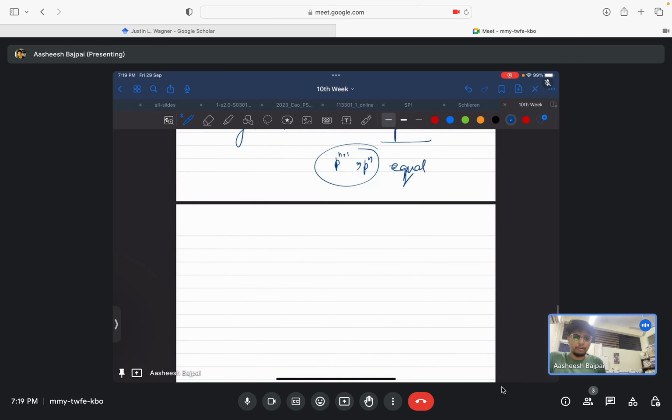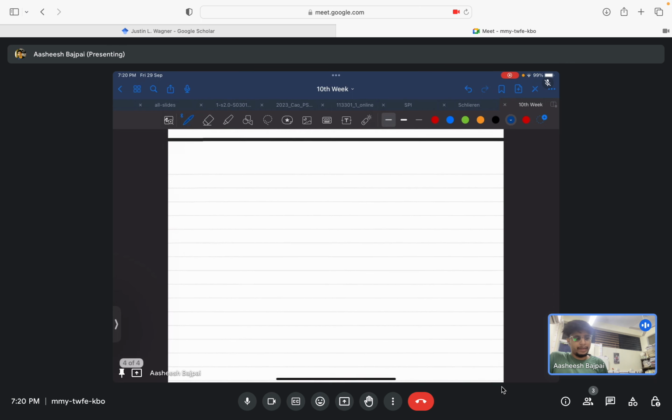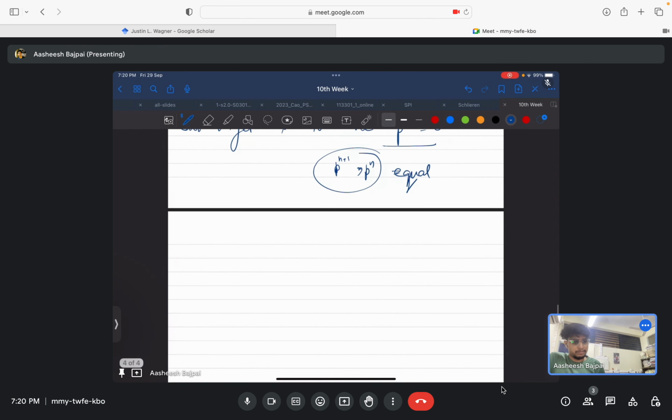The correction of velocity will become such that this U tilde will become U, and then we can say that we converged and we know the solution. We know the pressure field, we know the velocity field. And if you calculate P dash, it will become 0. P dash should become 0. When it is 0, the error will be in the order of 10 to the power minus 7 to minus 10, and this very small value of error will signify that we reached our convergence.